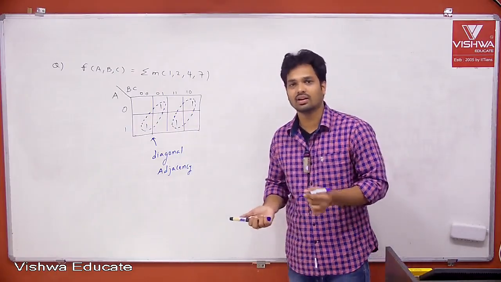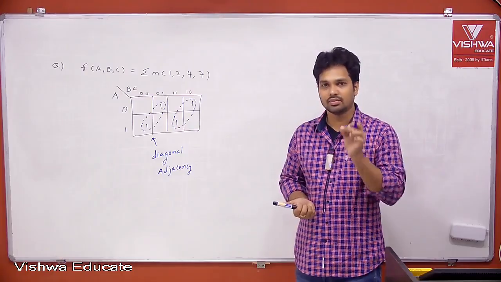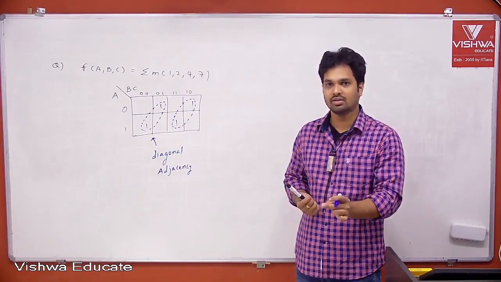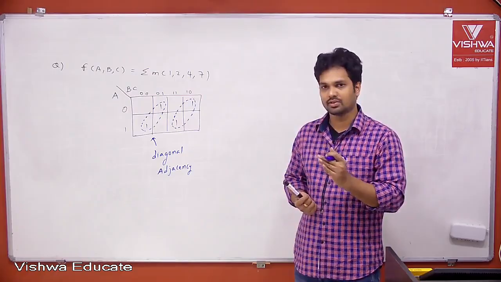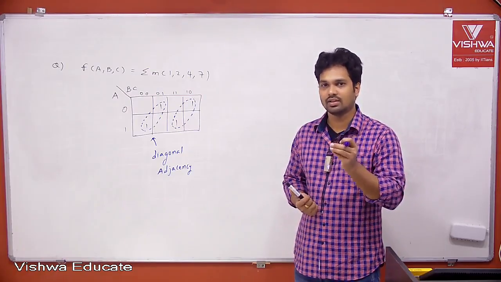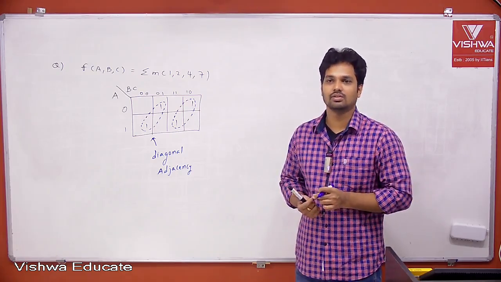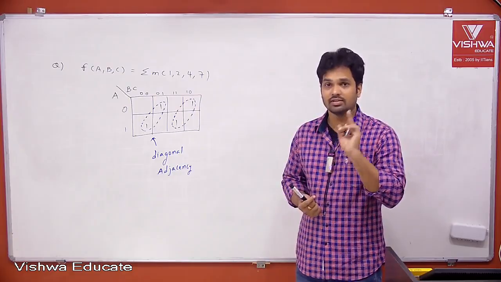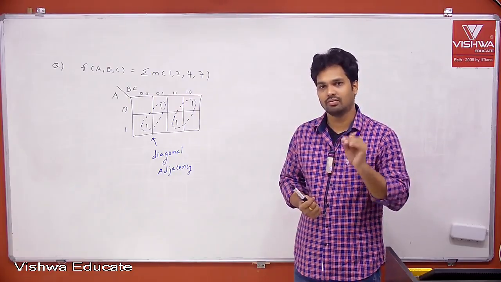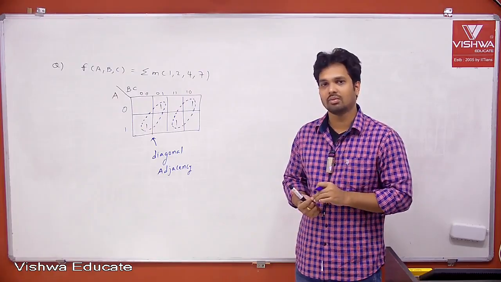What is this diagonal adjacency, sir? See here. Whenever the K-map contains only diagonal elements, there are no groupings of pairs, quads, anything, only diagonal elements, then it is called diagonal adjacency. Whenever diagonal adjacency occurs, you cannot minimize the K-map further.